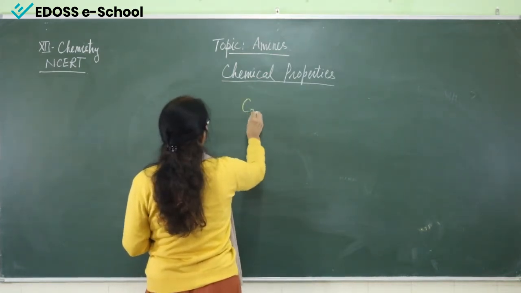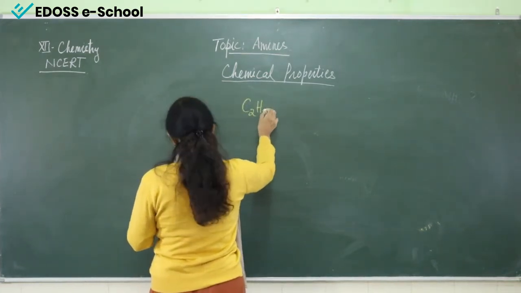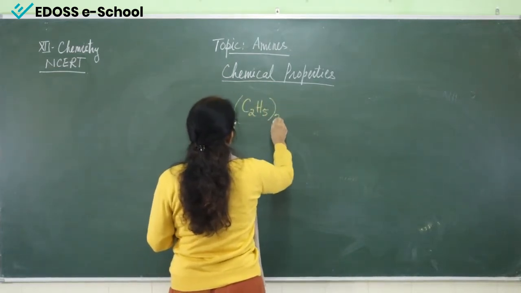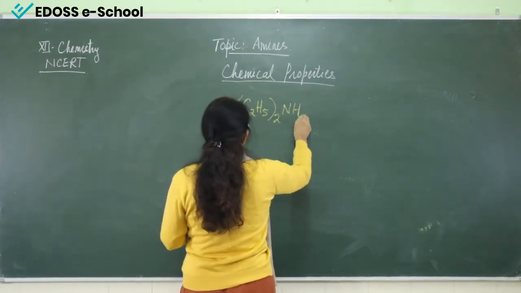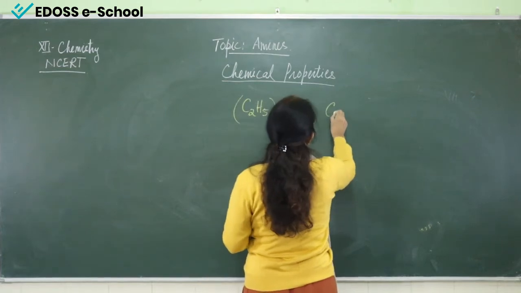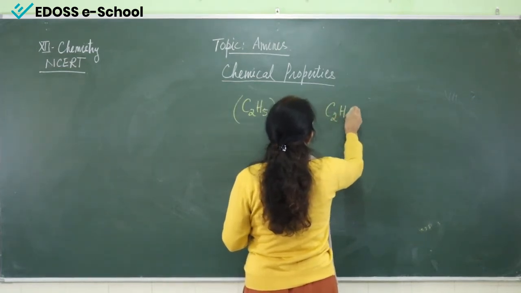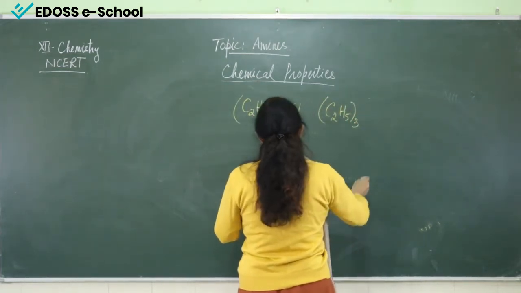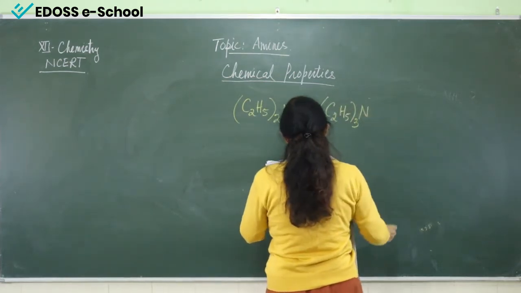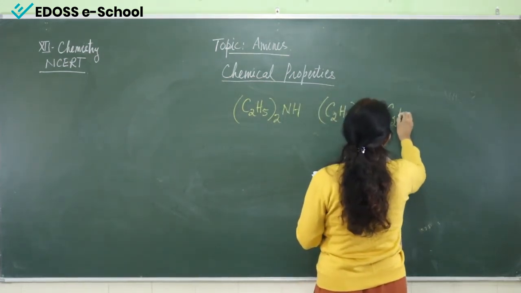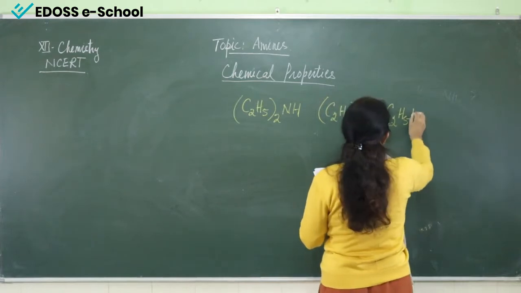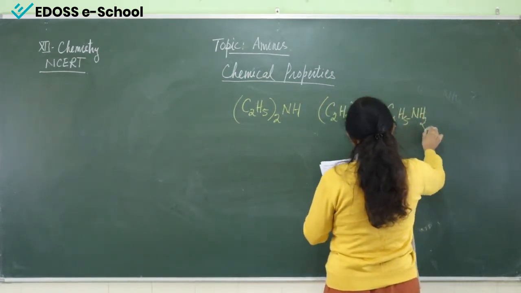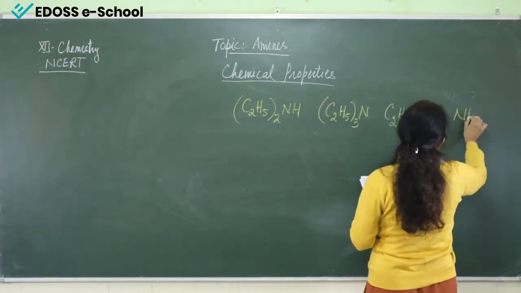See here, this is (C2H5)2NH. This is (C2H5)3N, and this is C2H5NH2, and this is NH3.